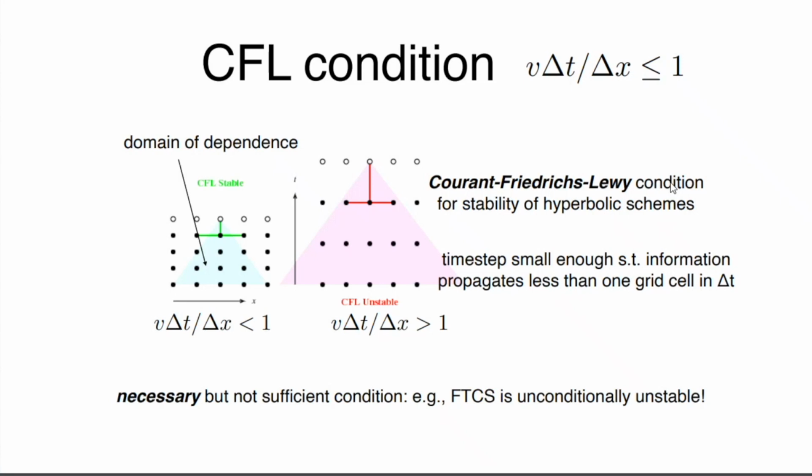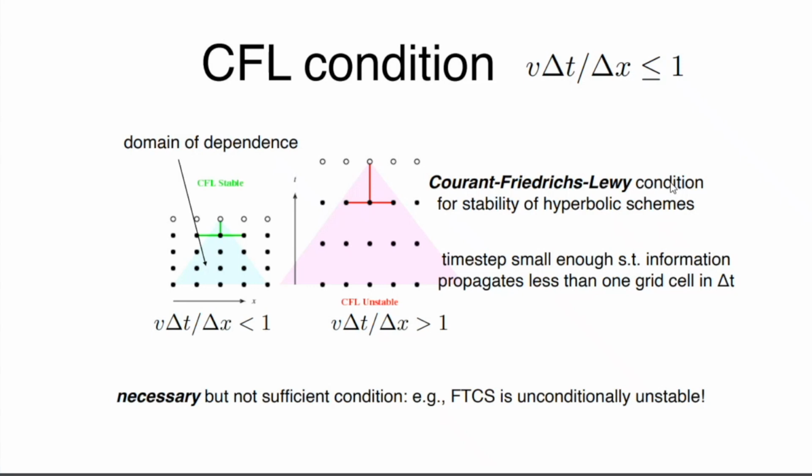Now, for example, here on the left, I have shown a small delta t, and this is the domain of dependence. Things can be affected numerically from whatever is happening here.